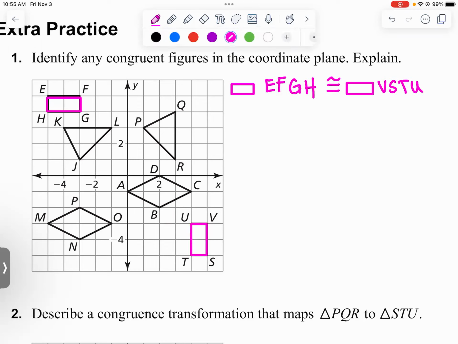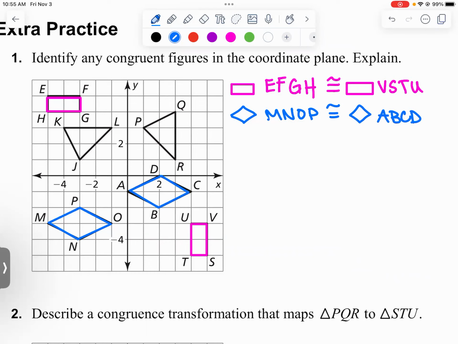Now, what about rhombus MNOP? Is there a rhombus that it's congruent to? So I'm going to go MNOP, ABCD, or ADCB. Either way, it's fine.